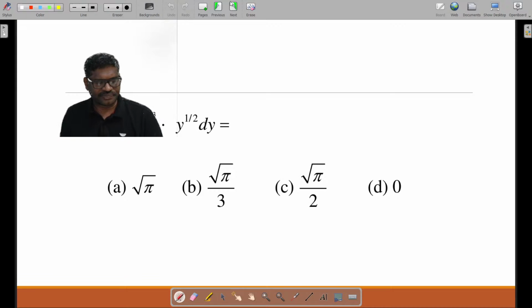Next problem. Integral 0 to infinity of e power minus y cube into y power 1 by 2 dy.